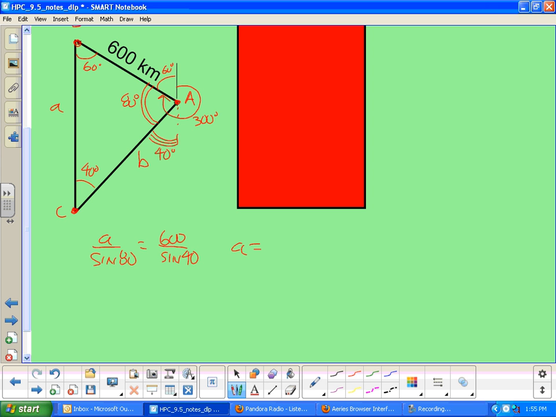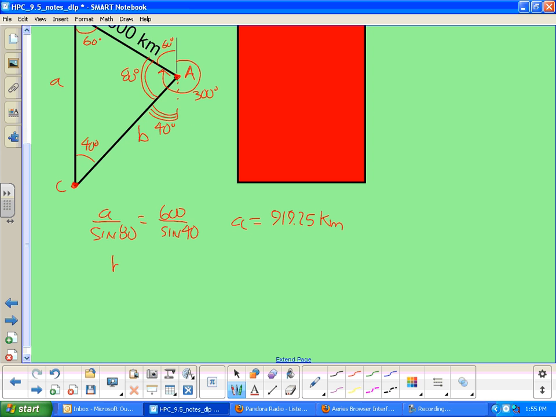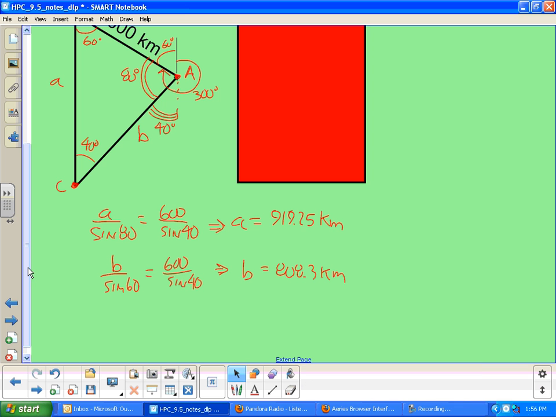What's this number, this vertical part? 919.25. Do the same thing for B. Somebody got this number for me? 808.3. And we add them all up, we get to 2327.